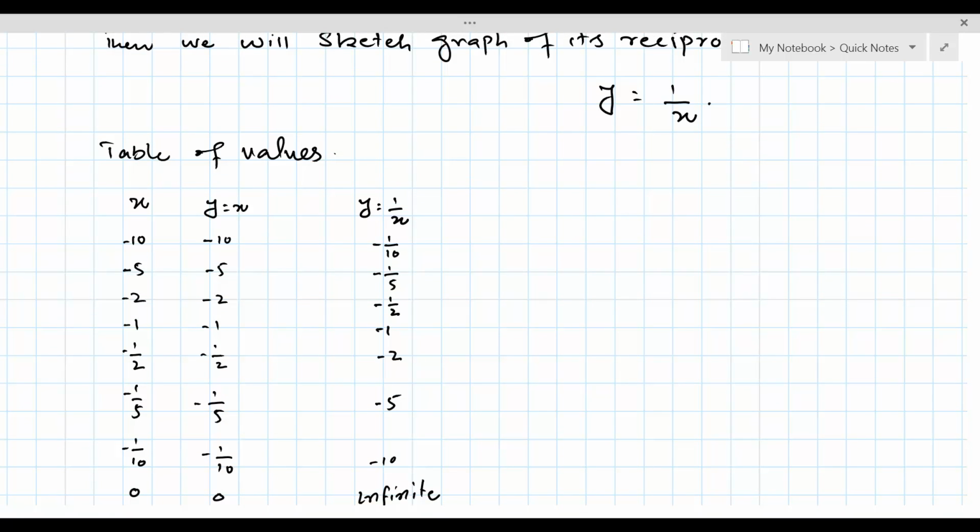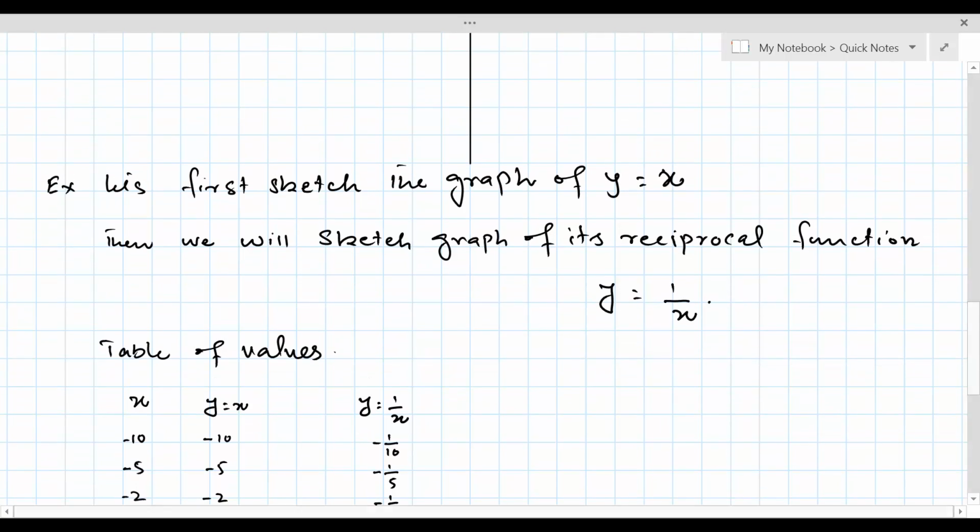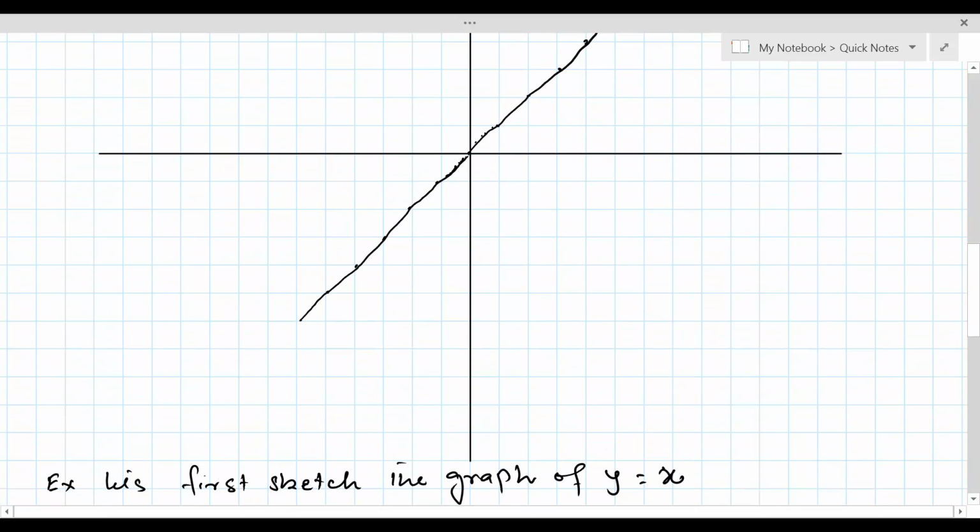So if we plot these values, there is no point corresponding to x is equal to 0. But for minus 10, there is a point minus 1 by 10. Here we have minus 1, minus 2, minus 3, minus 4, minus 5, and 1, 2, 3, 4, 5.